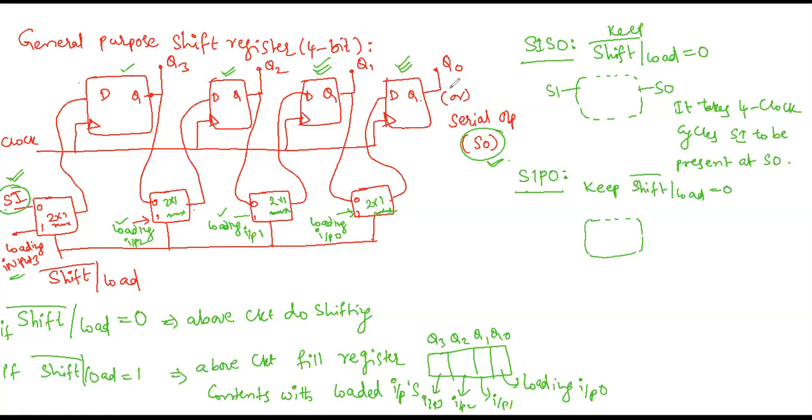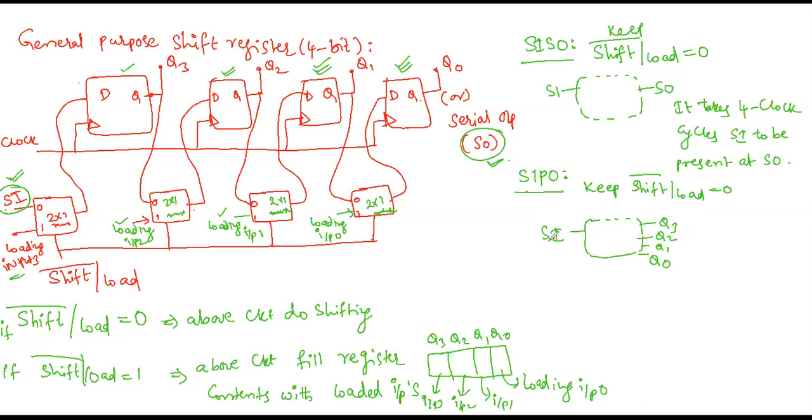Q3, Q2, Q1, Q0 keep outside. On the input side only keep SI, and on the output side keep Q3, Q2, Q1, Q0. Then it will act as a serial in, parallel out shift register.